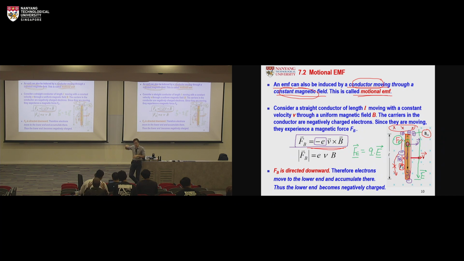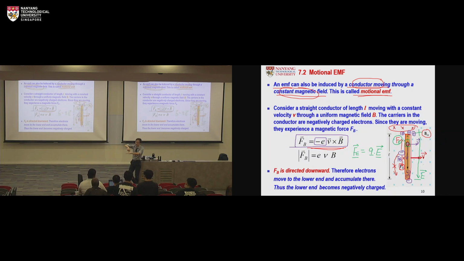Equally, there will be positive charge accumulation on the upper end, right? And when you have positive charge accumulation on the upper end and negative charge accumulation at the lower end, there will be a potential difference between these two points. High potential, low potential. And from high potential to low potential, there will be an electrical field E pointing down.